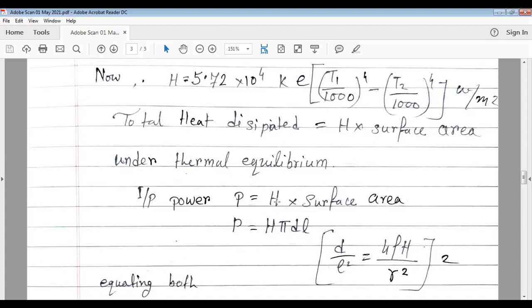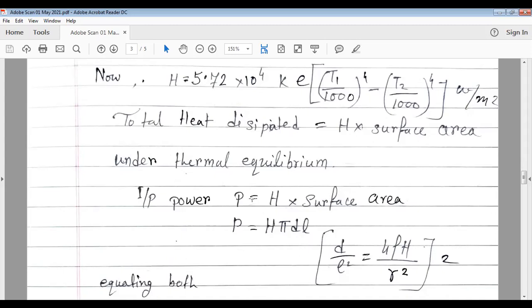Then whenever you put some h, and you need some power, if you put some power, or maybe you have some heater, you can calculate the d, and whenever you calculate d and the length, you can calculate the surface area of the heater coil element.